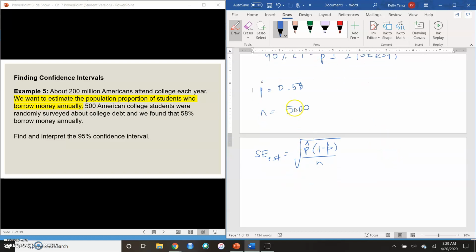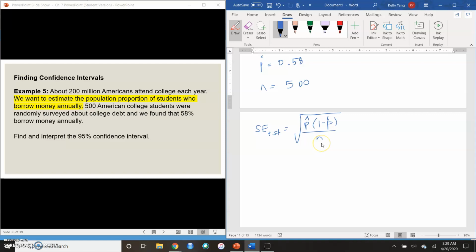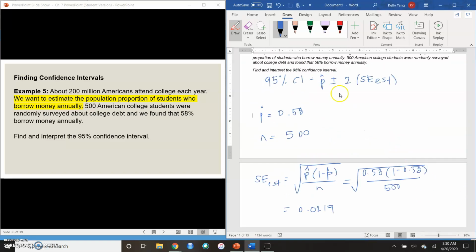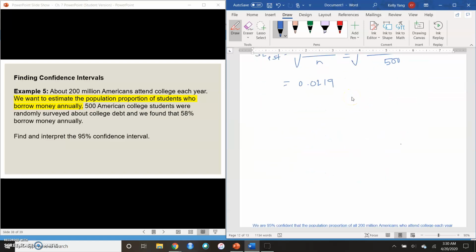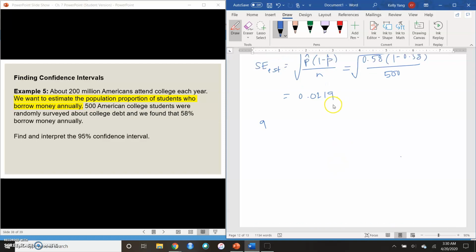Since we have p-hat and we have n, we can calculate the standard error. After solving this out, your standard error should be 0.0219. Now we have everything we need in order to calculate the confidence interval. Again, I'm going to write it down here.